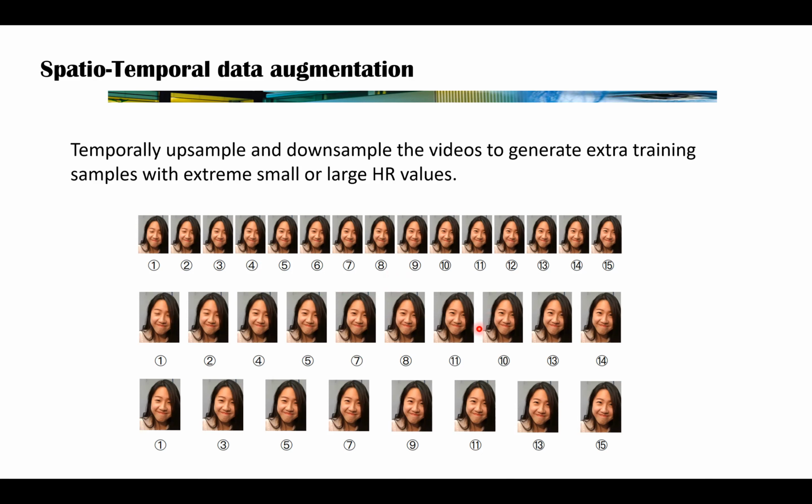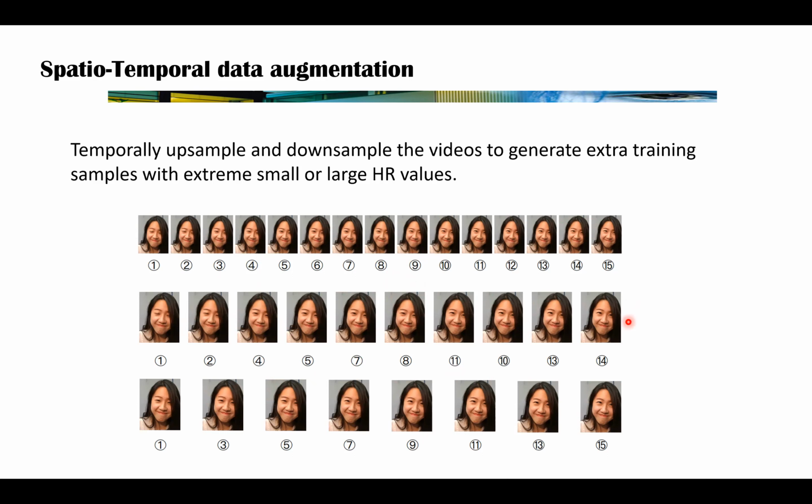For example, we sparsely sample the frames in this sequence, or we include future frames into the current sequence, with a higher or lower frame rate. The ground truth can also be calculated based on this sampling strategy.